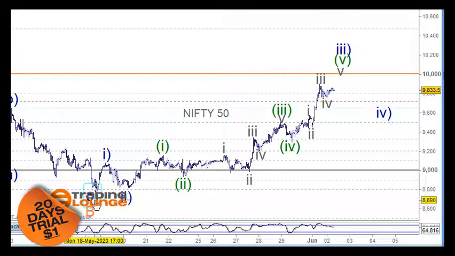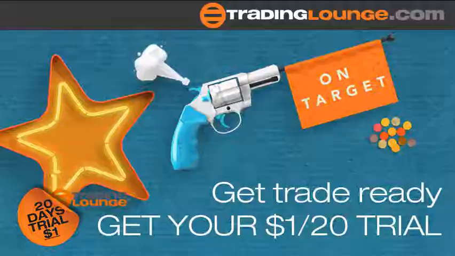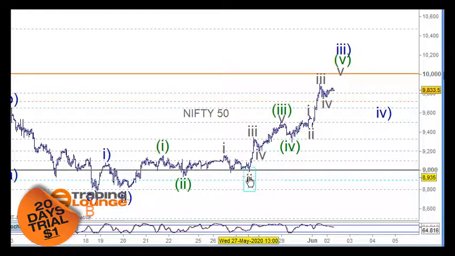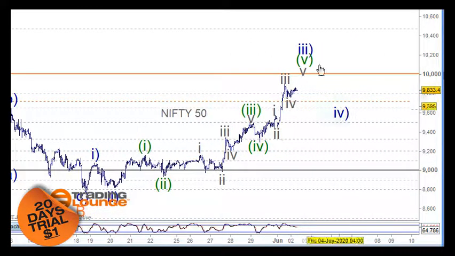In this case here, it fits all the Elliott rules, so 1, 2, 1, 2, and then we start going off into a powerful third of a third of a third, which is 3, 4, 5 for the third here, the fourth here, and then we go 1, 2, 3, 4, 5 up here for this one here. So in a way we still end up pretty close to the same sort of result.